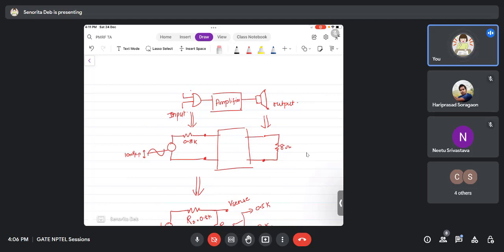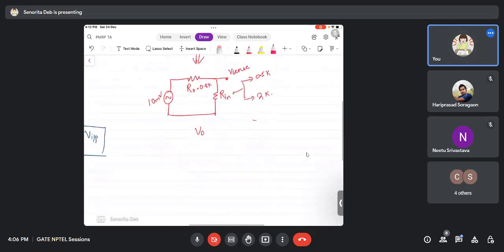The amplifier sees this voltage which is V sense, and now you will see that Rs is fixed, right? This is from the microphone.